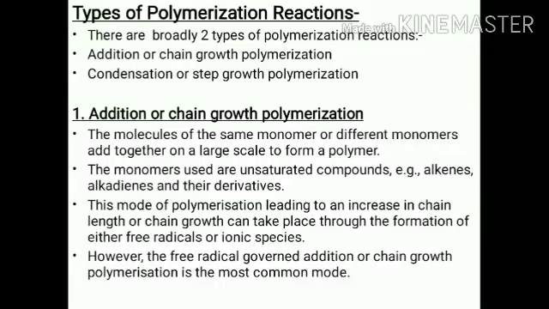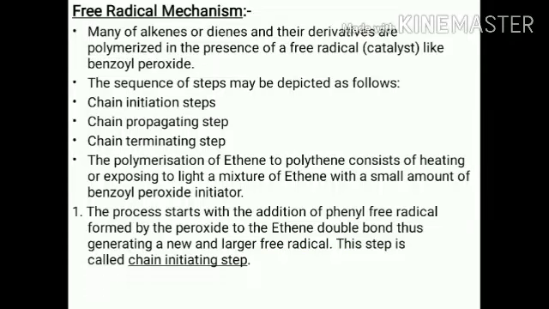So first we have to study how chain growth polymerization occurs. What is the free radical mechanism? It occurs in three steps: chain initiation, chain propagation, and chain termination. The polymerization of ethene to polythene consists of heating or exposing to light a mixture of ethene and a small amount of benzoyl peroxide initiator.